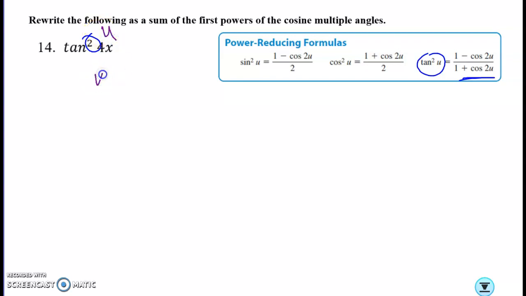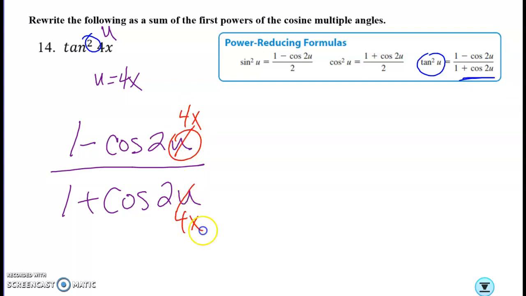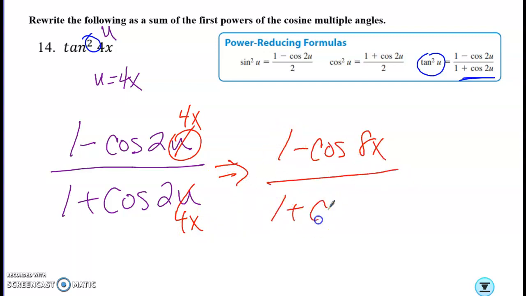Our u is 4x. So when we use the formula 1 minus the cosine of 2u divided by 1 plus the cosine of 2u, our u is not u, it's 4x. So that's how I came up with my answer of 1 minus the cosine of 8x over 1 plus the cosine of 8x.